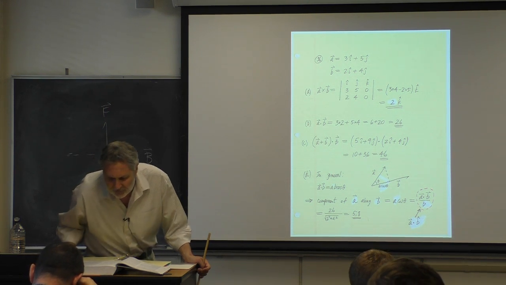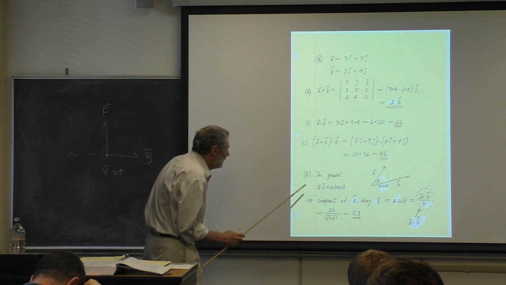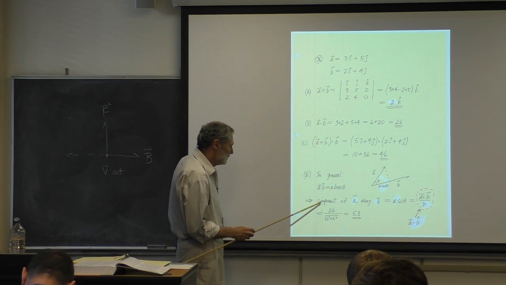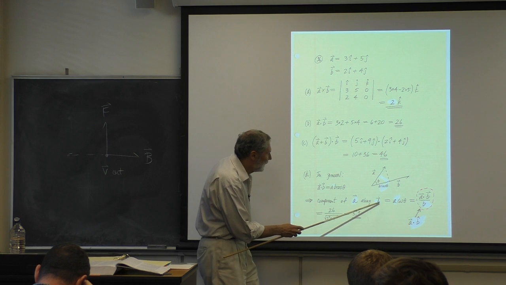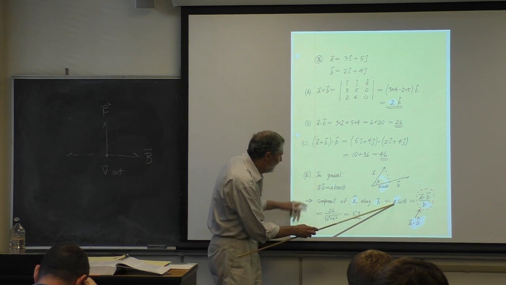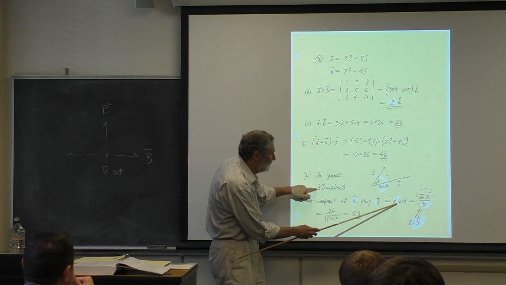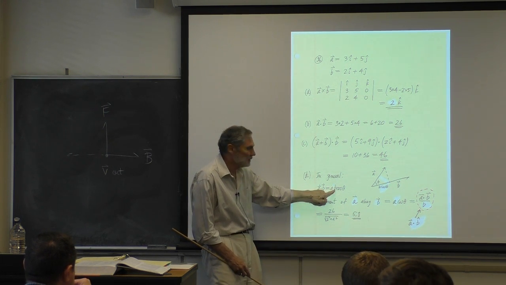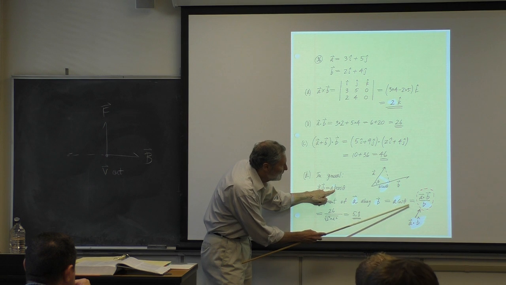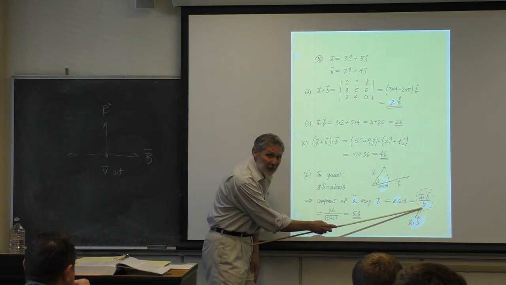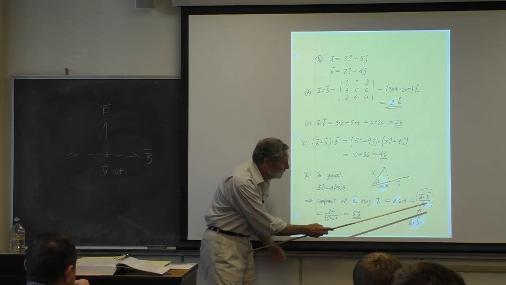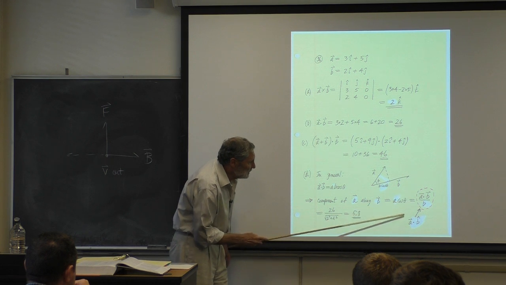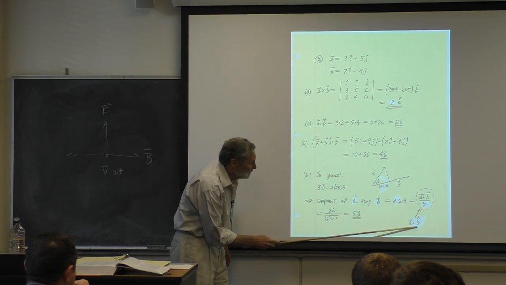So when they ask for the component of A along the direction of B, that's the first thing to recognize here. What we're after is A cosine theta, but that's just equal to A dot B, but not quite, is it? We've got a B. How do we get rid of that B, the magnitude? Well, we need to take the dot product and divide by B. In other words, we need to dot A with a unit vector in the B direction.